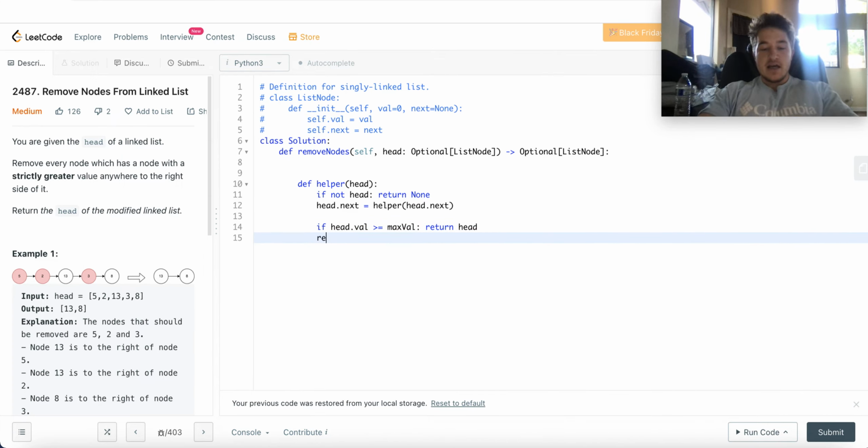When we got to this point, when the max value was 8 and we were looking at 3, we're going to end up having this system as a solution. We don't include 3, so we include 3.next, which is 8. So this gets returned to 8. 13 attaches itself to 8, right?